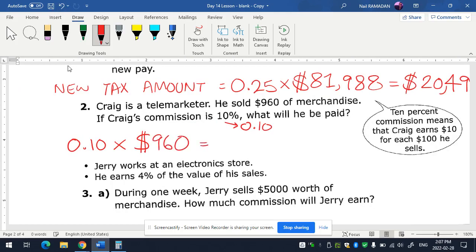Well, that's easy because it's 10% of 960. That's just $96. So he claims $96 of the $960 they sold, which means the company got the rest, 800 something. Okay?